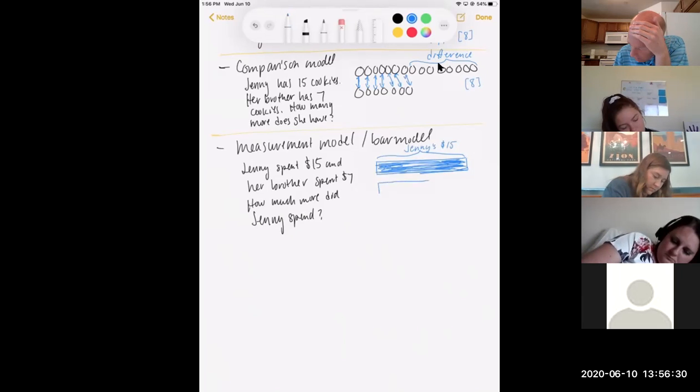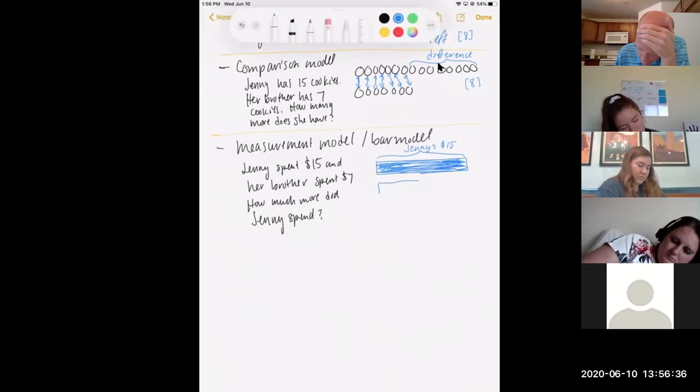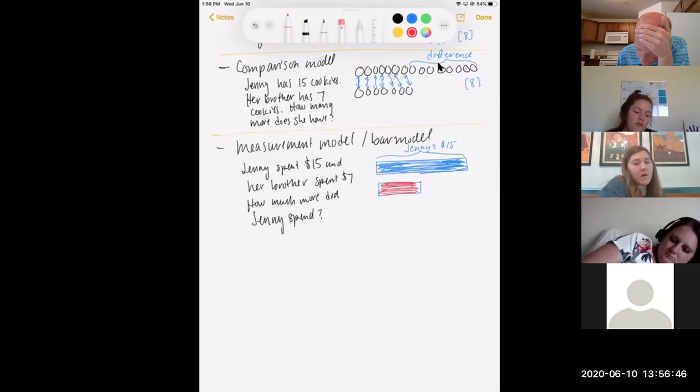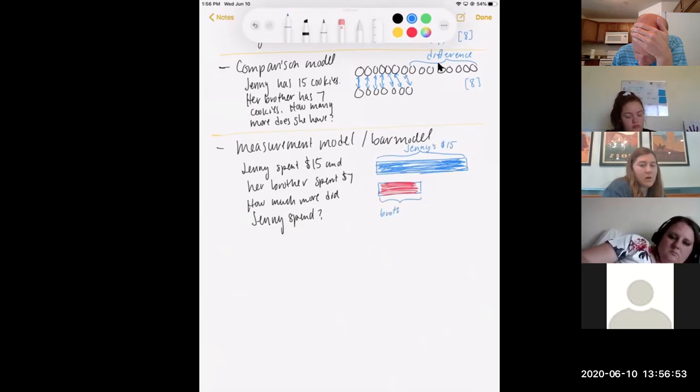And her brother has only $7, which is less than what she spends, less than half of what she does. So I'm going to draw his bar about right here, less than half. You can color that one in. And this right here represents the brother's $7.